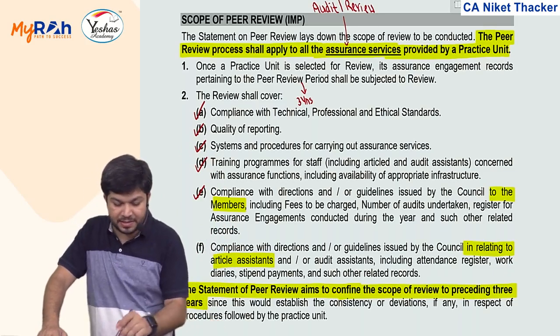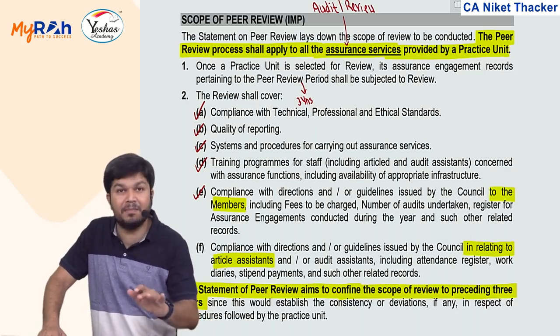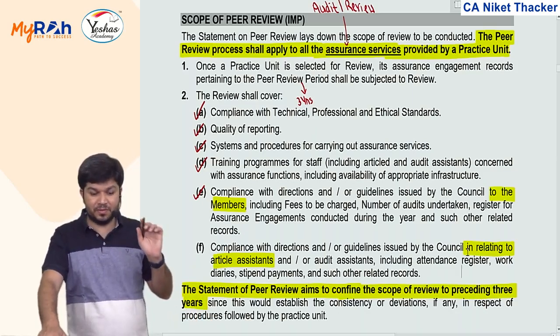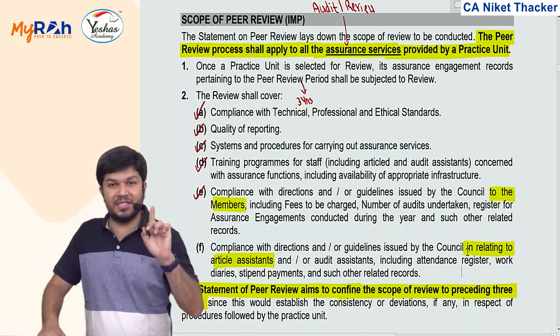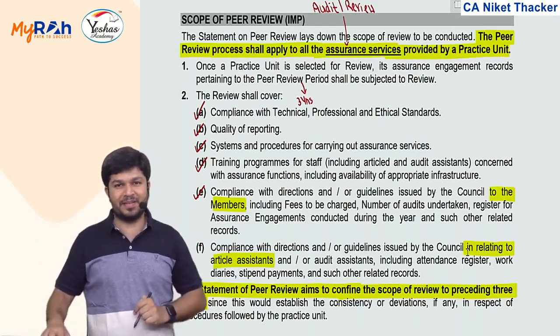So like attendance register, work diaries, stipend payment, they will come and check all that. Clear with this? Only assurance engagement, and they will cover a period of 3 years.